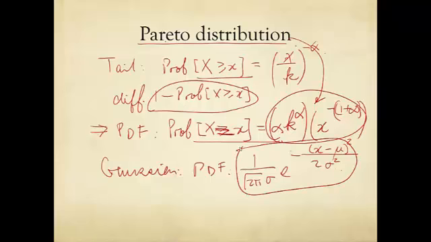You can easily convince yourself numerically that if you plug in some x, you will see that this is way smaller than this as x deviates far from the mean. This is exponential minus x squared, while this is only x to some negative power 1 plus alpha. And a visualization for the Pareto distribution is a straight line in the log-log curve.